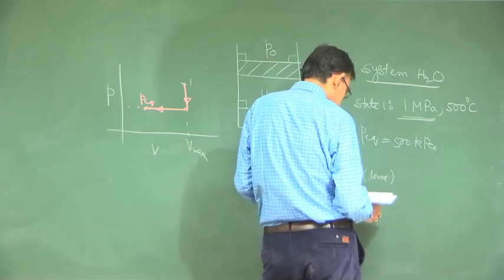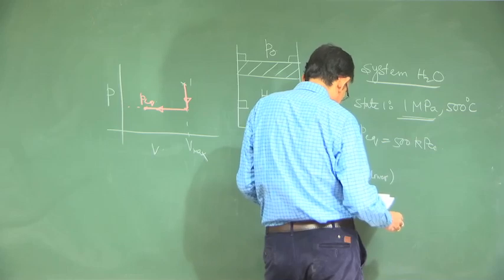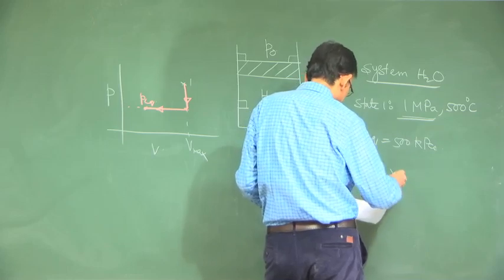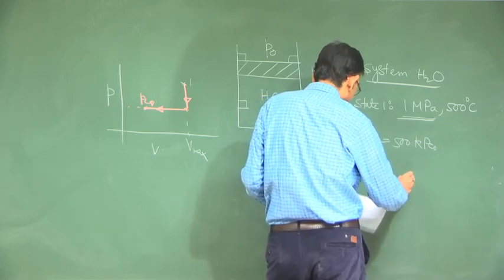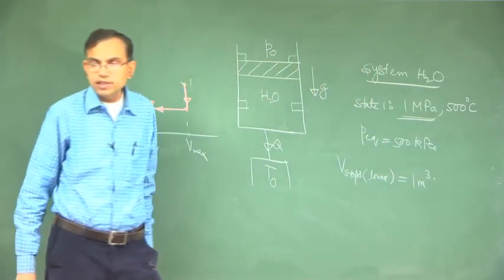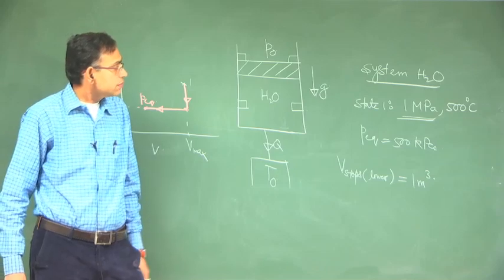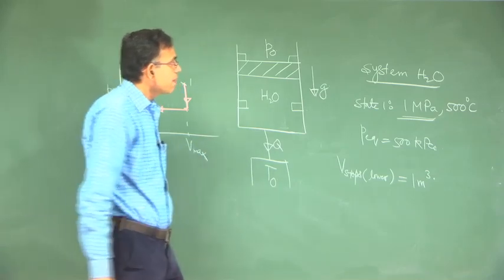The volume given here is what? 1 meter cube. By the way, how do you know what is the mass of water in this cylinder?